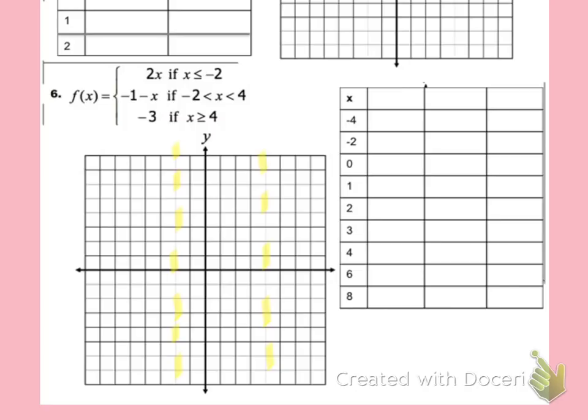So with our table, we're going to have 3 columns, one for each piece. So that first column is going to match up x, the input, with the output of 2 times x. The next one with -1 minus x. And then a third with this constant function, -3.